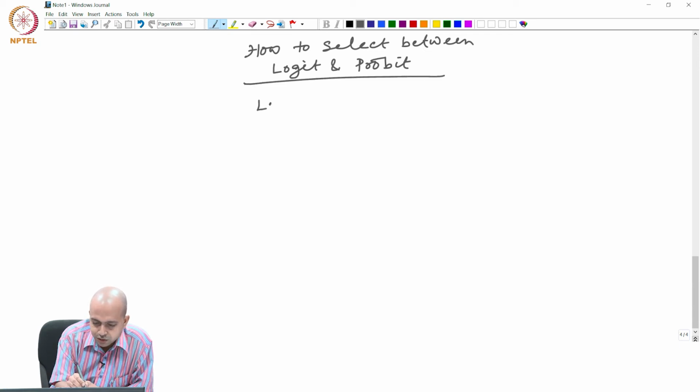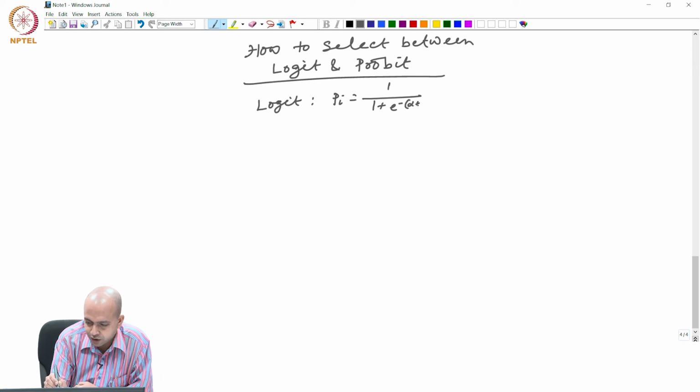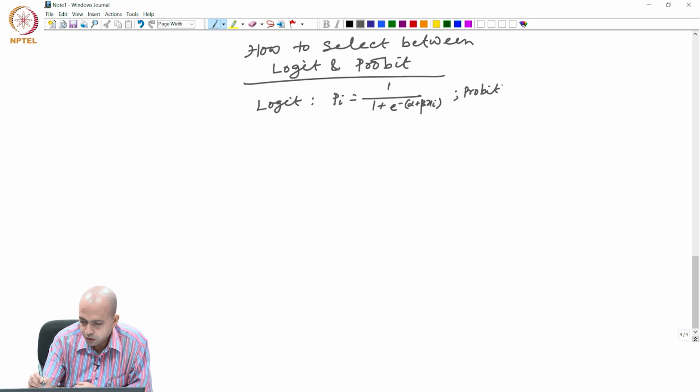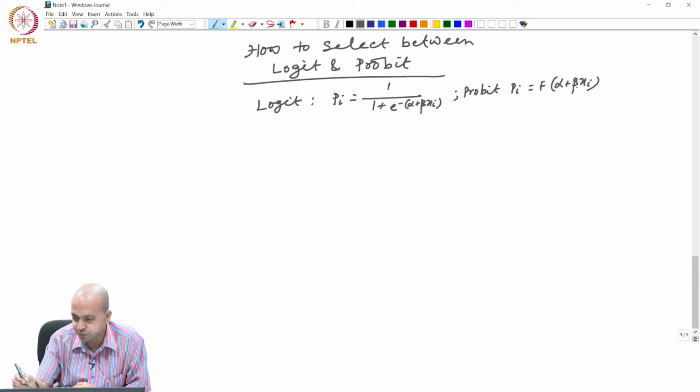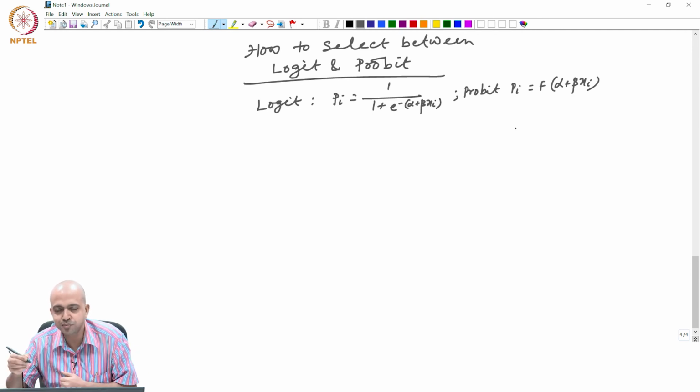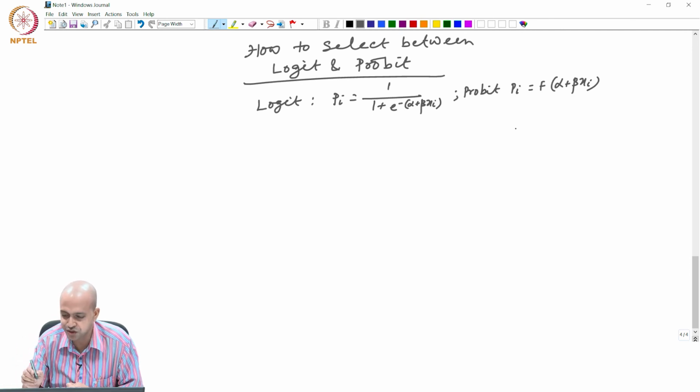In Logit, once again if you look at what we assume, pi equals 1 by 1 plus e to the power minus (alpha plus beta xi), and in the context of Probit, pi equals F of (alpha plus beta xi), and this F assumes the cumulative distribution function of the normal distribution.